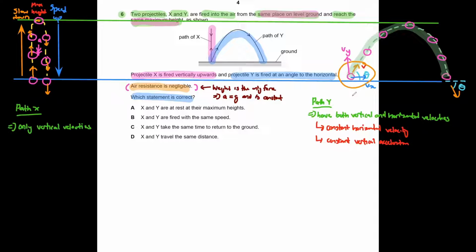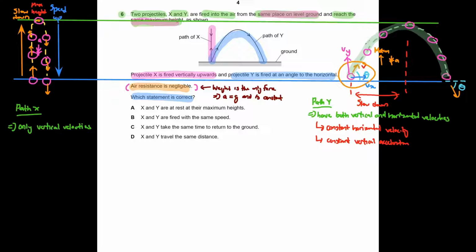For the first half of your motion from the starting point to the maximum height, the projectile is actually slowing down. Because here, the direction of our motion is upwards, but the direction of our acceleration is downwards. They are in opposite direction, so it will therefore slow down.